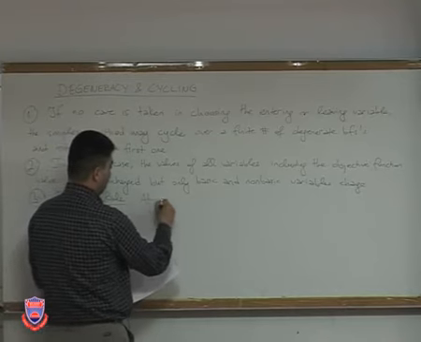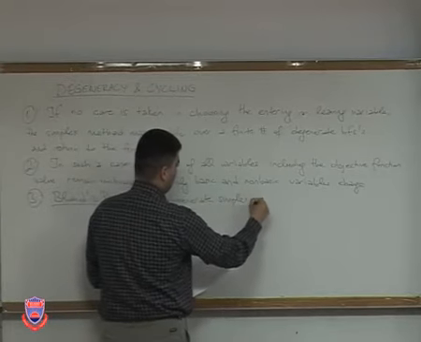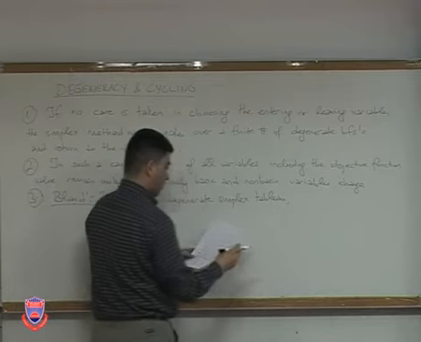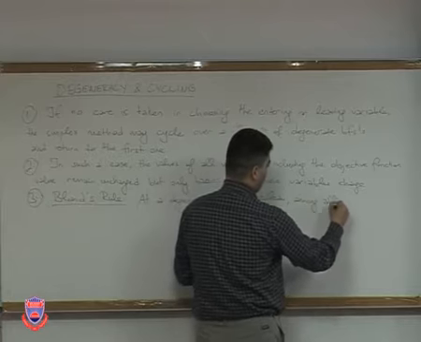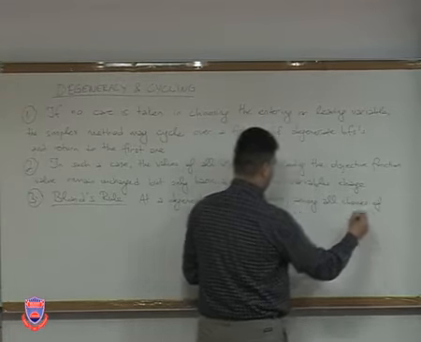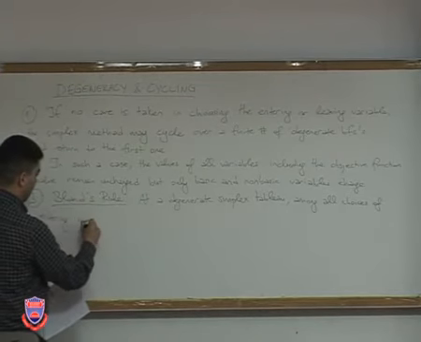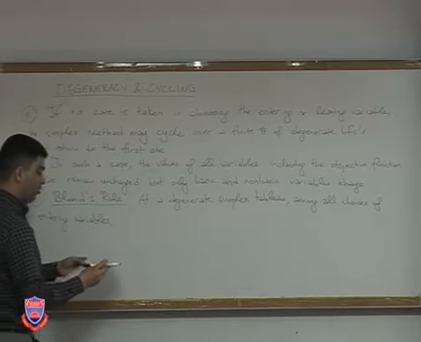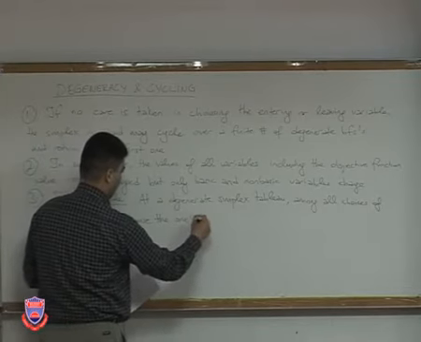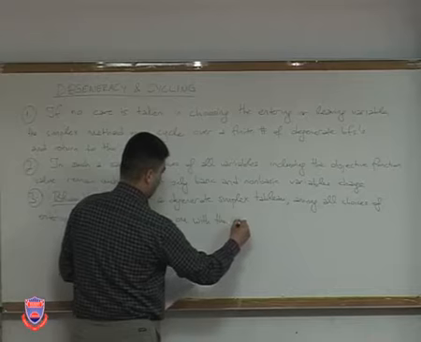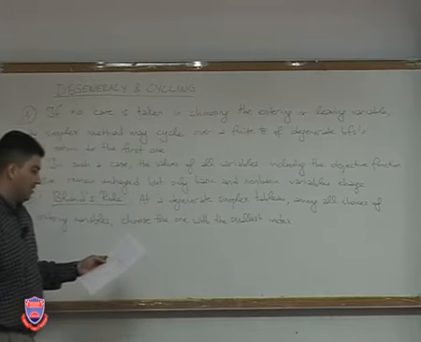At a degenerate simplex tableau, among all choices of entering variables, choose the one with the smallest index. I'm going to explain what this means in a minute.